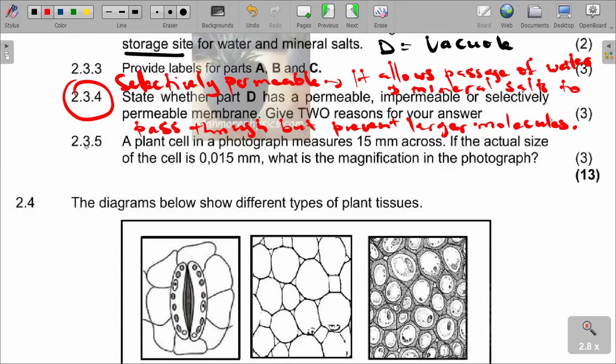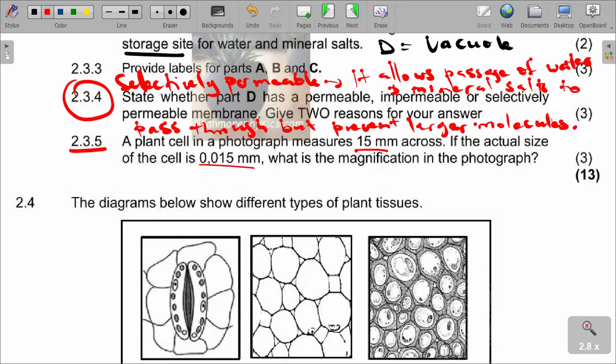And then a plant cell in a photograph measures 15 millimeters across. If the actual size of the cell is 0.015 millimeters, what is the magnification of this photo? When we are talking about magnification, we are saying how has it been exaggerated? How has it been increased?